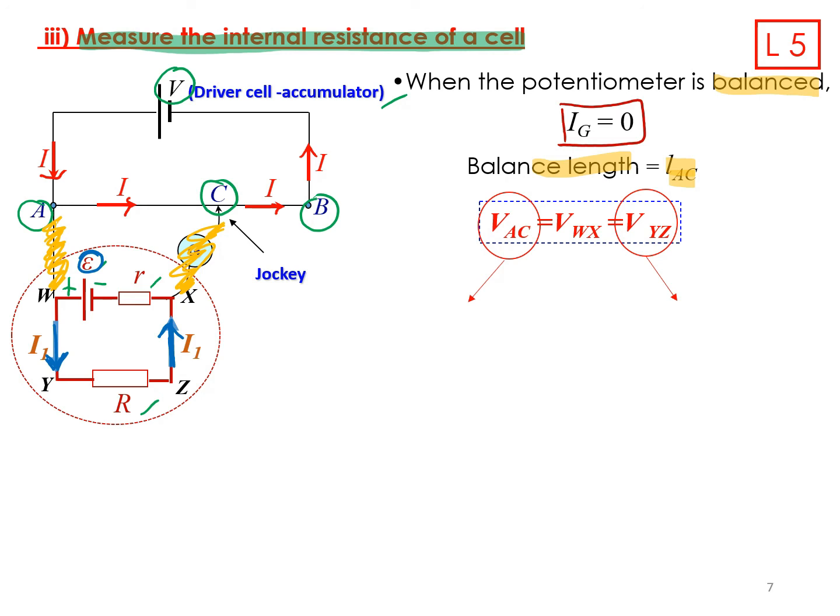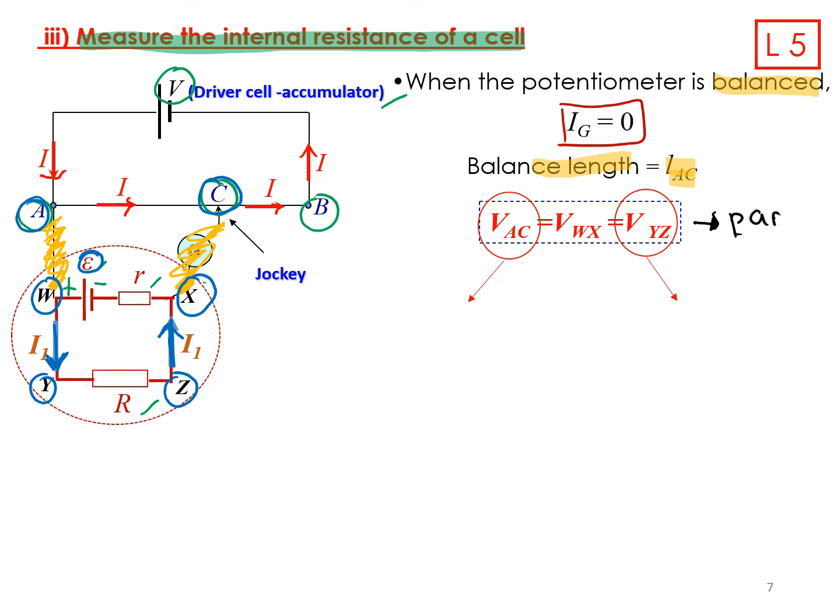So after your potentiometer is in balance, your VAC, W and X, and also Y, Z, are connected in parallel.